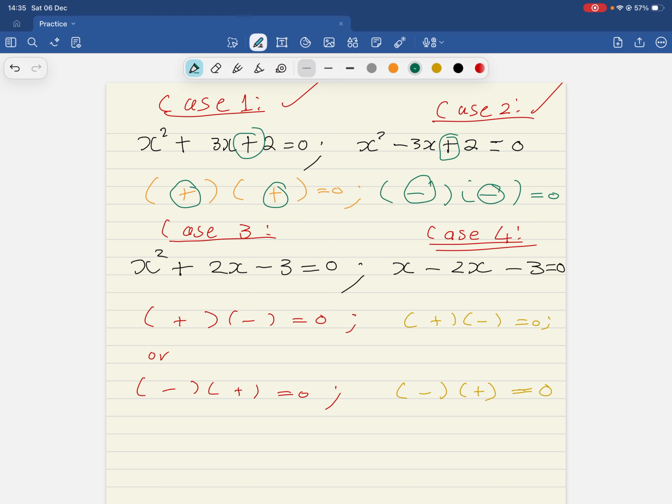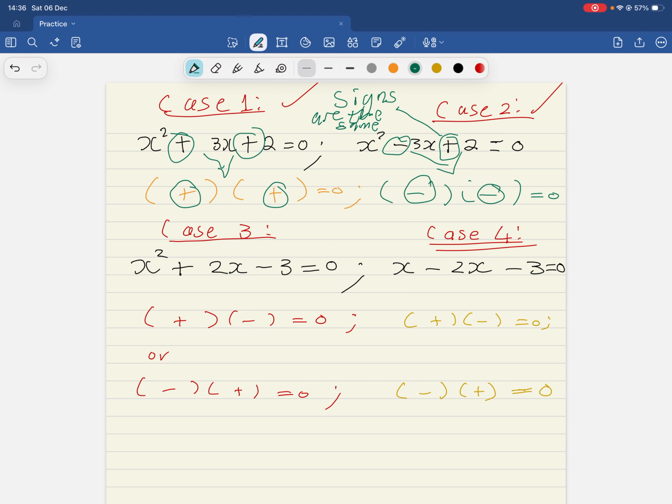The plus at the end tells me that the signs are the same. But if we look at the second term, that will indicate to us what the signs must be.